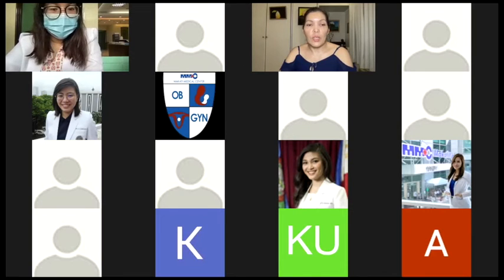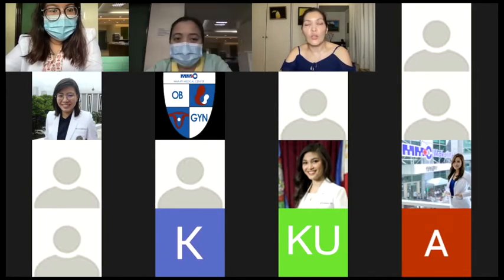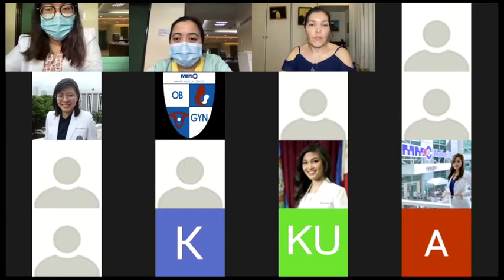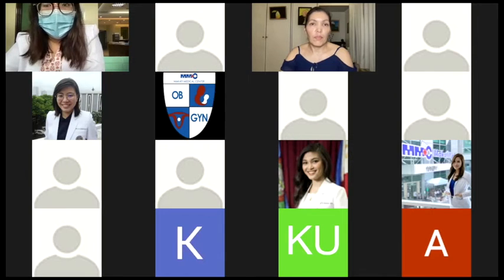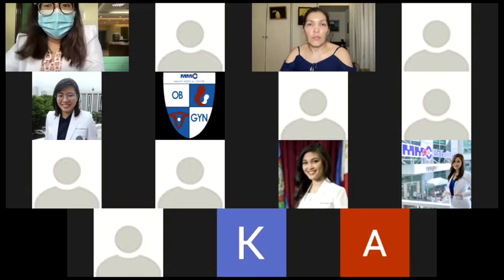So do you think that that was one of the possible reasons why the patient developed SSI, because she had a prolonged stay in the hospital? It could be po, ma'am. Pero particularly on this patient po, she was wearing her binder. And so, wala po sila masyado venue to have it washed more frequently.